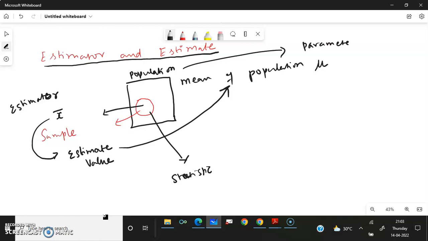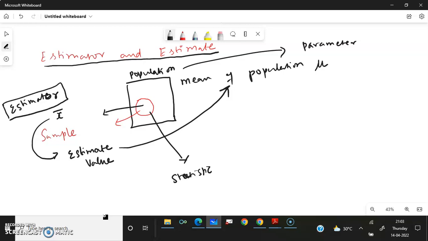For example, the mean of the population, median of the population, standard deviation of the population, all these are known as a parameter. Population parameter, sample statistic. Any statistic used to estimate an unknown population parameter is known as the estimator.